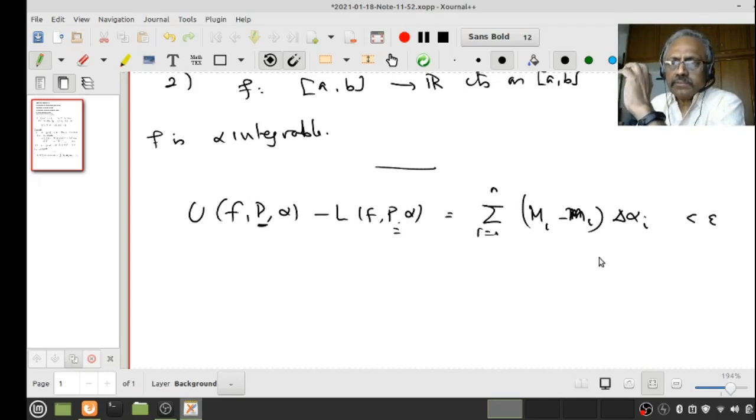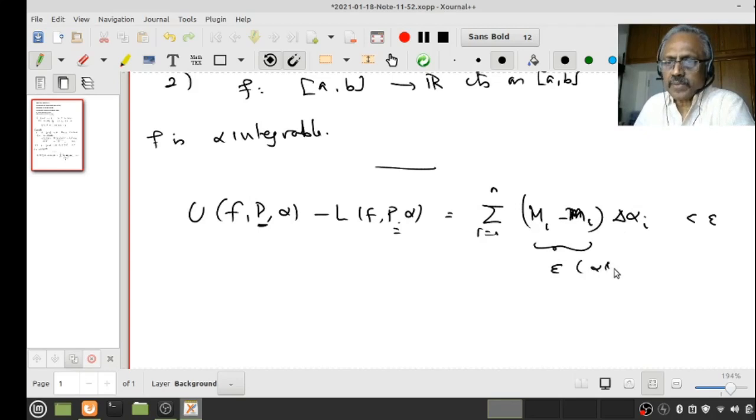Now how do I achieve it? We are developing a general strategy for all cases. One way could be, if somehow we can control this, intuitively I am talking about maximum minus minimum, which is the same as LUB minus GLB, and I can make sure this is less than epsilon, then this epsilon comes out, and what I will have is a telescopic sum.